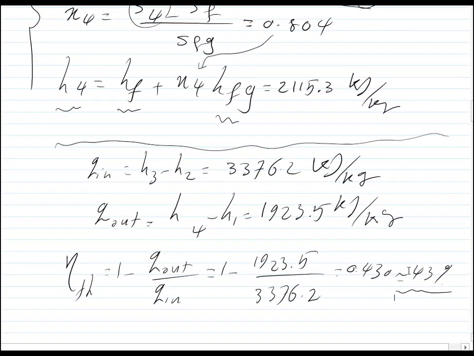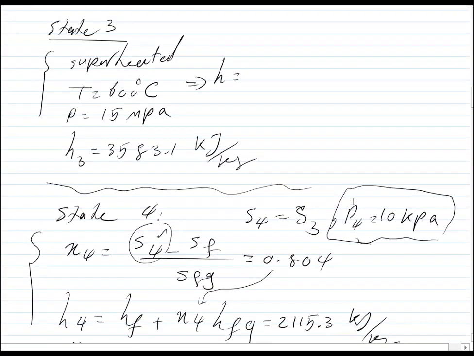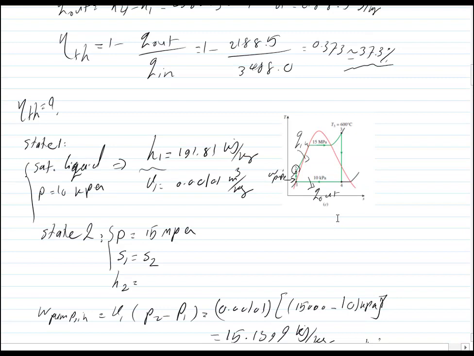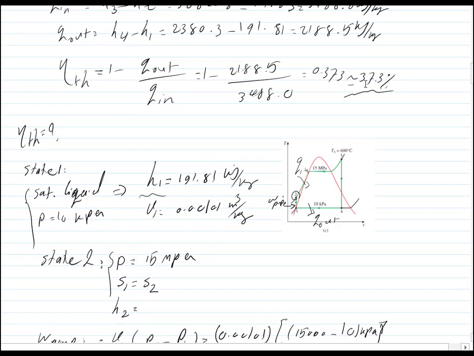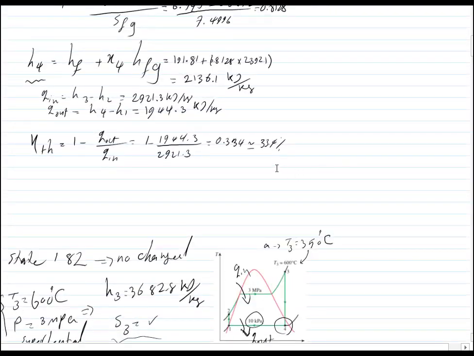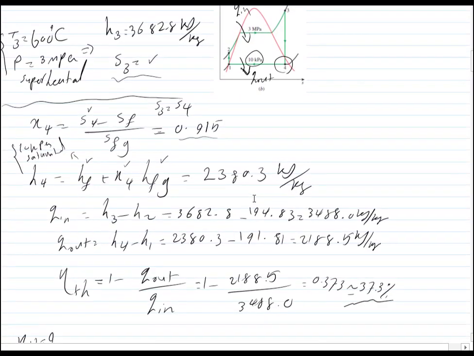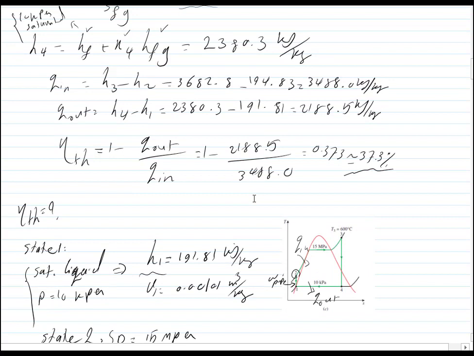Compare this thermal efficiency with part B and A. In part B, if you remember, it is just 37%, and in part A it was 33%. So you can see how these two different methods can improve the efficiency of the Rankine cycle.